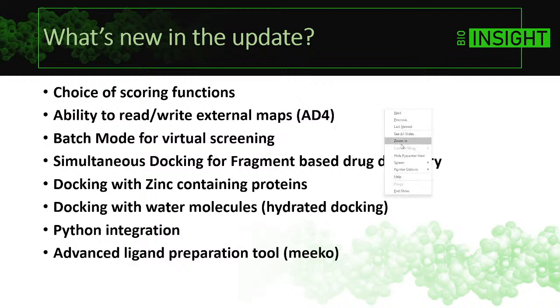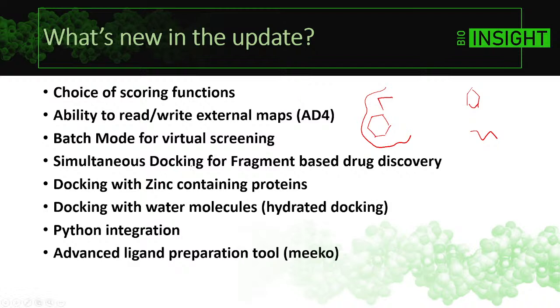Again, for those who are not aware of what fragment-based drug discovery is, what typically is done in this case is, if this is your binding site, you can at a time give two different ligands to be docked, and different positions of both the ligands will be explored simultaneously in order to give the best poses for each one of these ligands, which then can be used to join together and create a novel inhibitor or a novel ligand for that binding cavity. So this fragment-based docking can also be done now by using this new AutoDock Vina 1.2 upgrade.